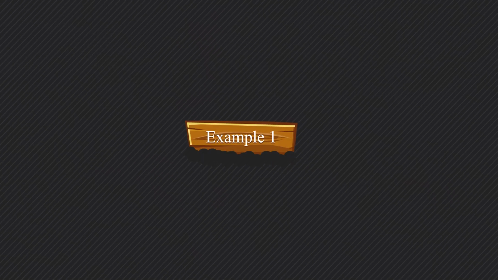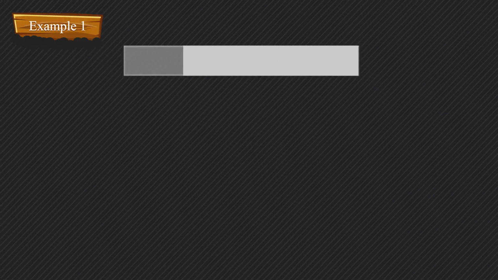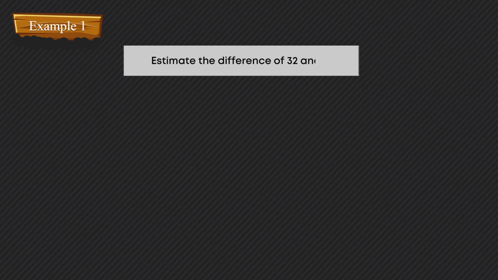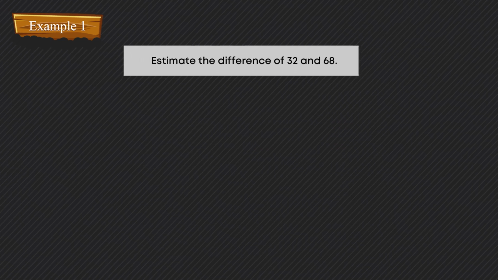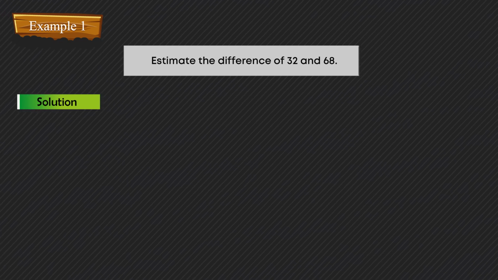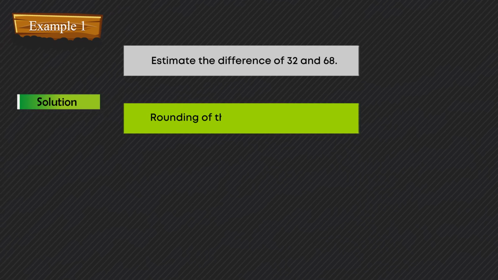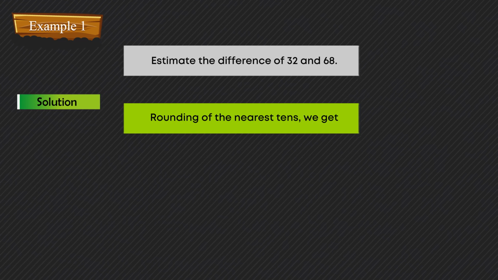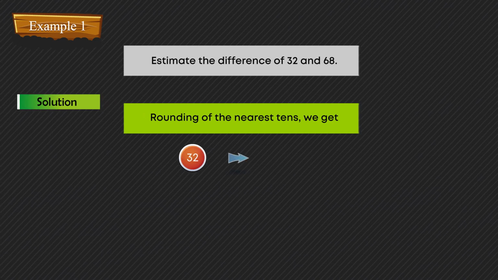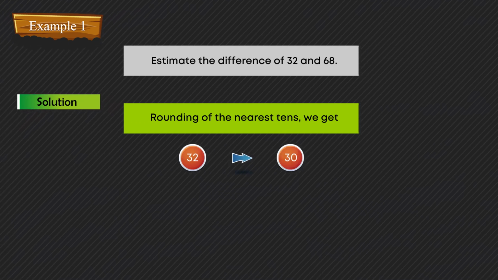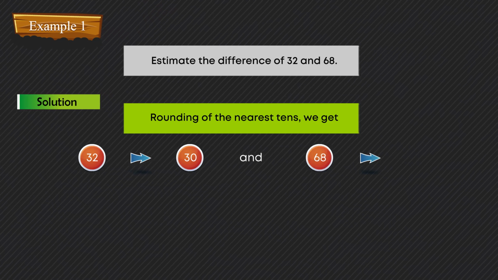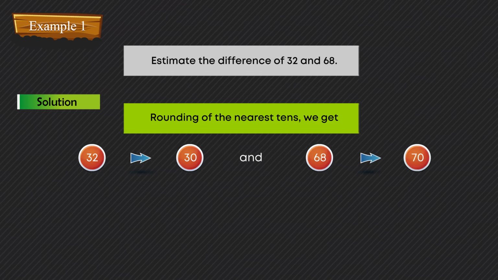Example 1. Estimate the difference of 32 and 68. Solution. Rounding off to the nearest tens, we get 32 rounds to 30 and 68 rounds to 70.